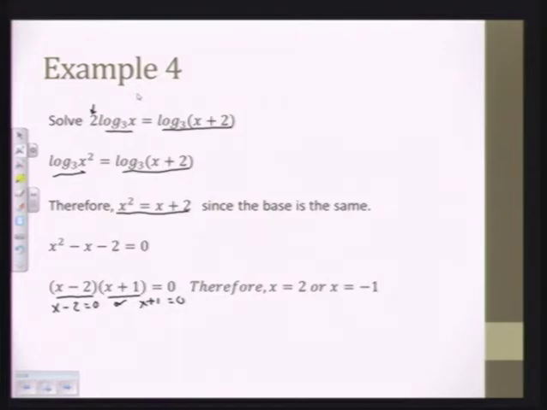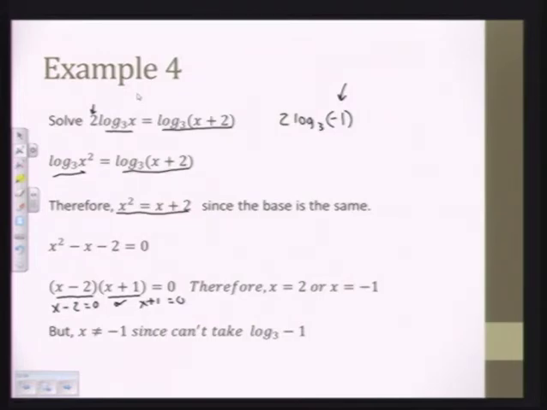Now let's go back and see if these will both work in our original equation. Well, if I go back up here to the top and I take 2 times the log base 3 of negative 1, if you're really sharp, you remember that I cannot take the log, any base, of a negative number.